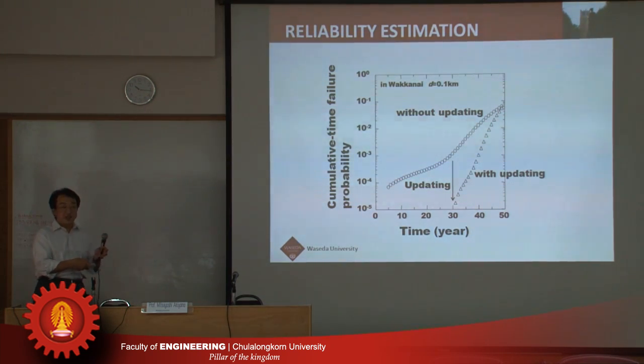However, at 30 years, observational information such as crack width and chloride concentration is provided. So using these inspection results, the failure probability drops drastically, like this.